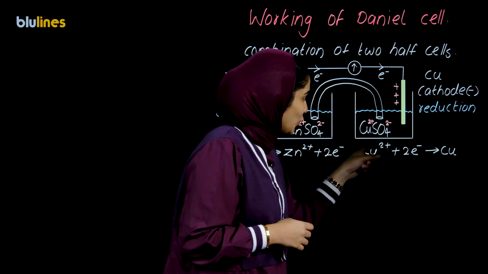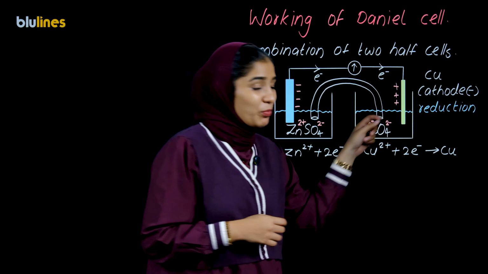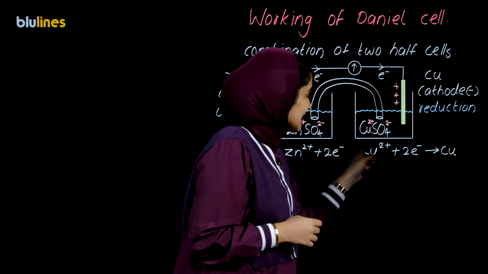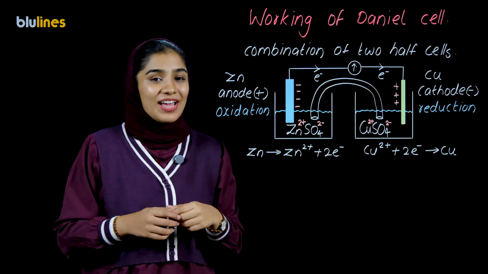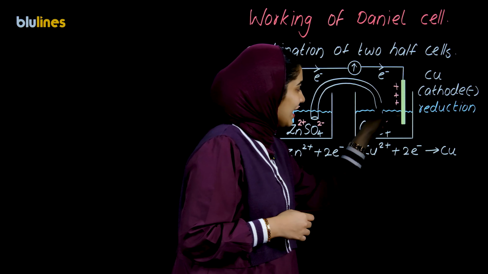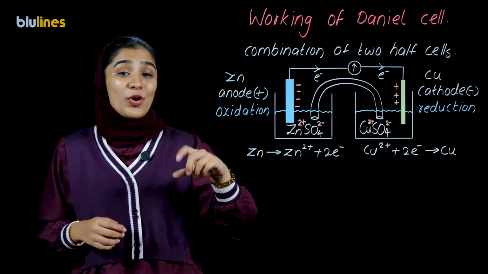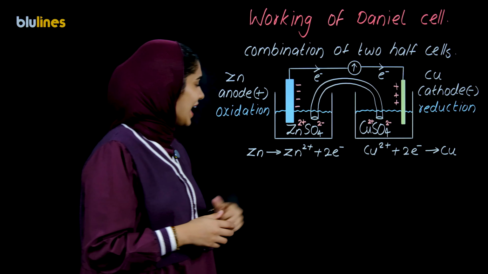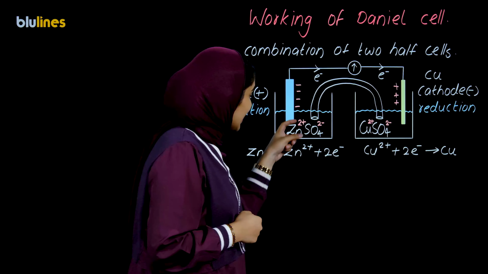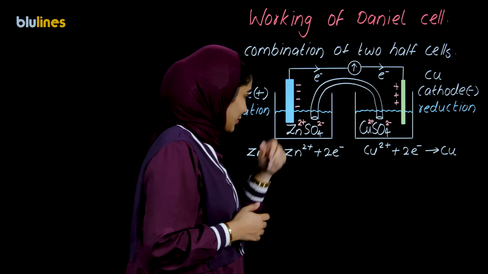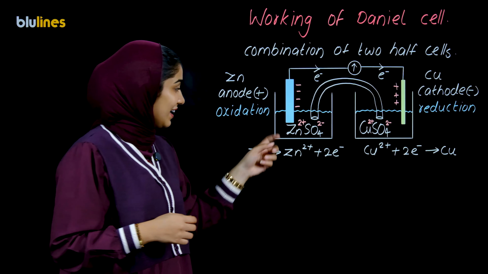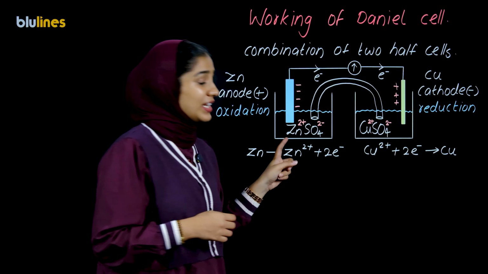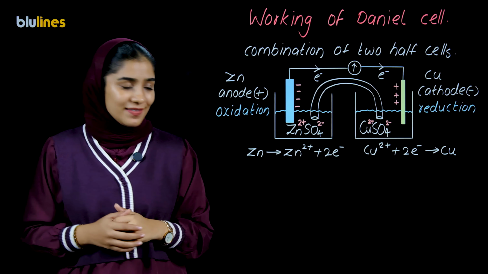And the Cu2+, since the cathode is a negative one, will accumulate on the cathode, and that is the reason why the cathode acts as a positive pole. Now here the amount of Zn2+ goes on increasing, and the amount is greater here, and you could say the solution will act as a positive solution.